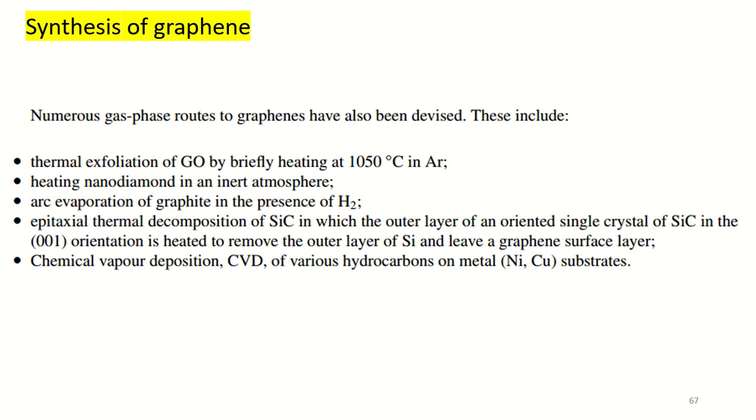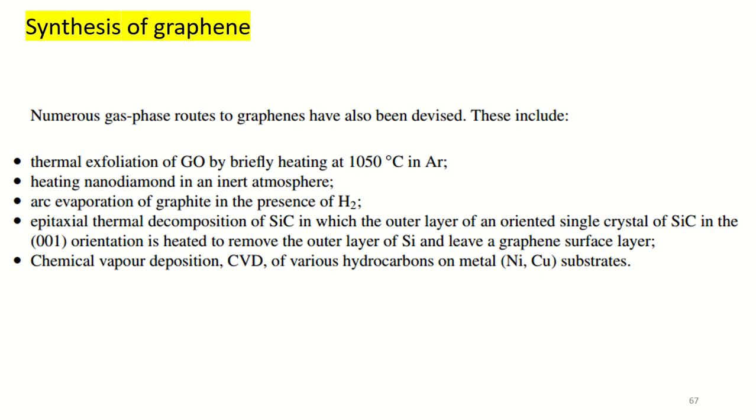Numerous gas phase routes to graphene have also been devised. These include the thermal exfoliation of graphene oxide by briefly heating at about 1050 degrees Celsius in the presence of argon.